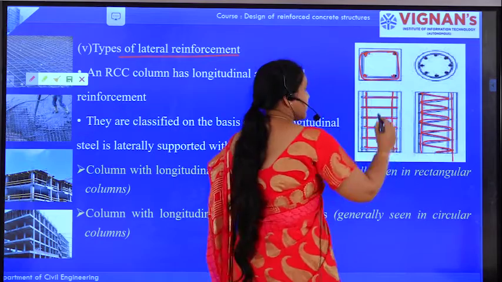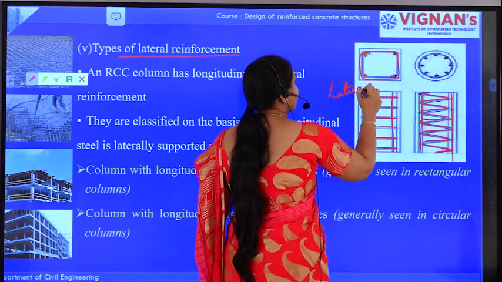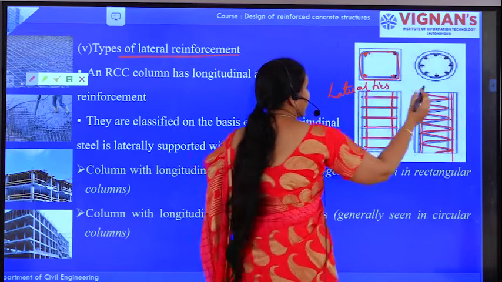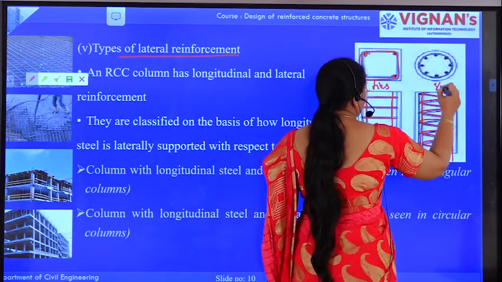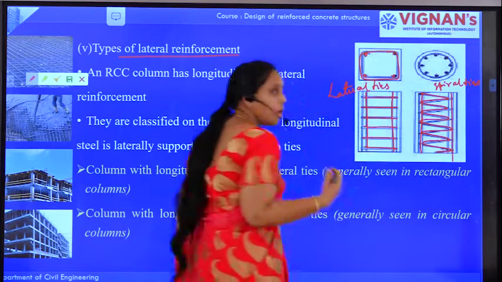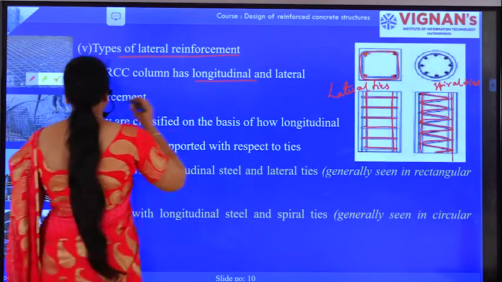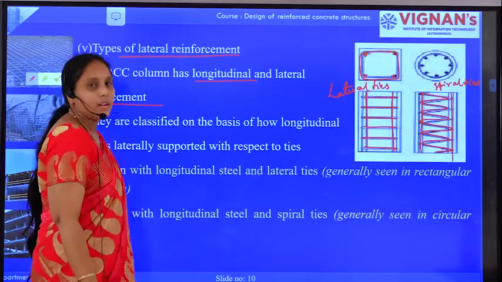So in a circular column these are called the spiral ties or helical ties. So in a column we have the longitudinal as well as the lateral reinforcement.